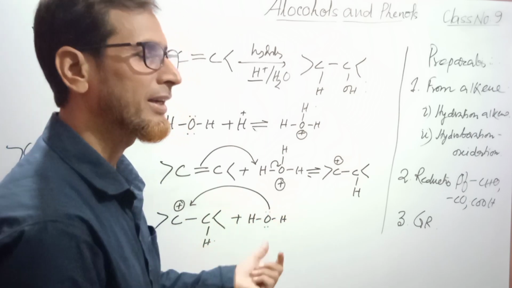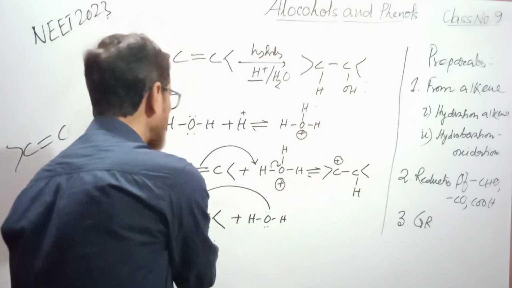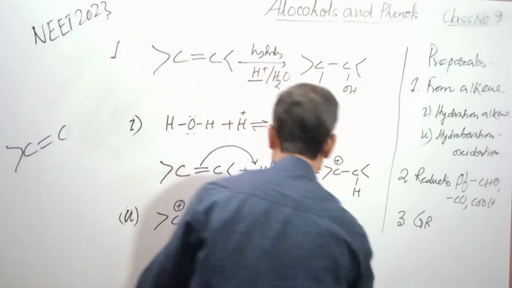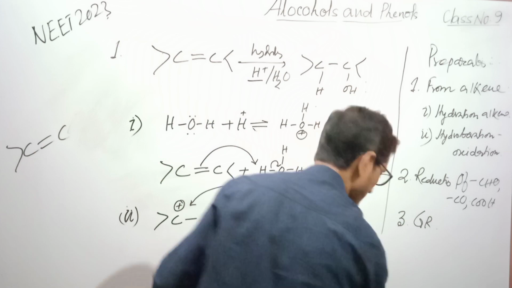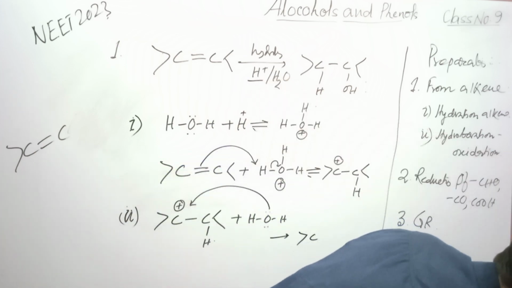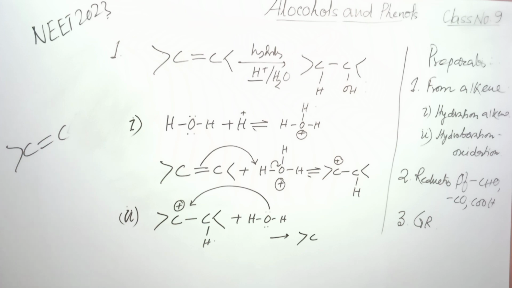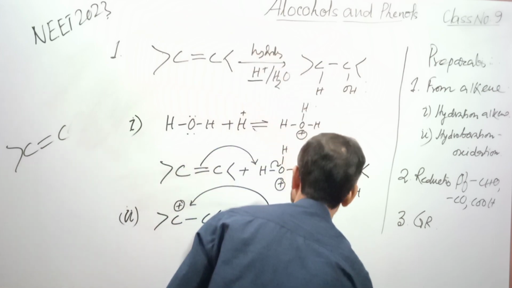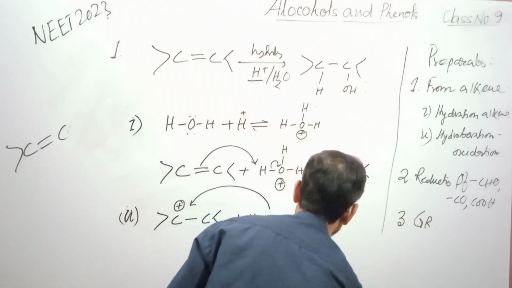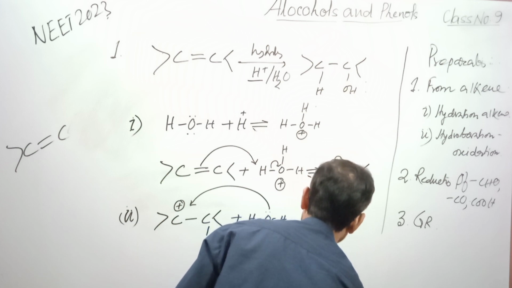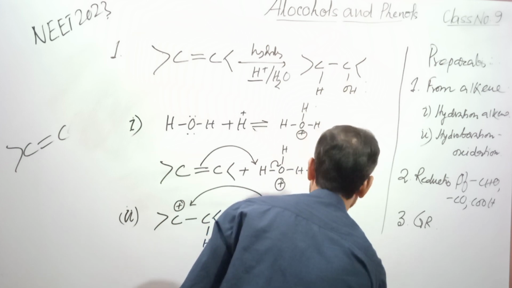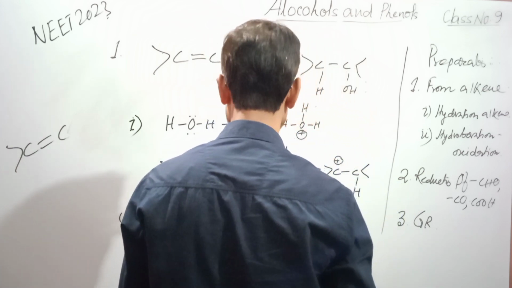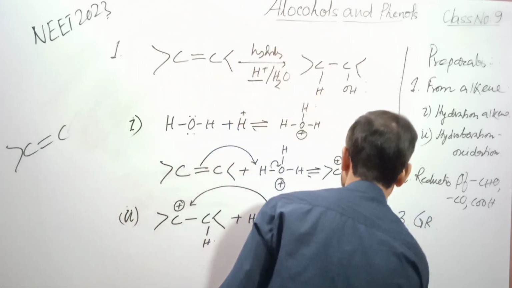When a base attacks, it is called nucleophilic attack, and it attaches to this carbocation. So here the nucleophile is attacking, meaning this will attach to this one, getting attached in this way, and this part remains as it is.